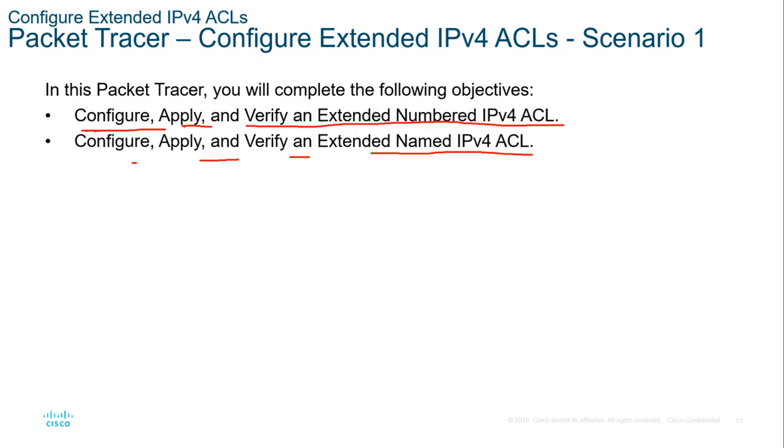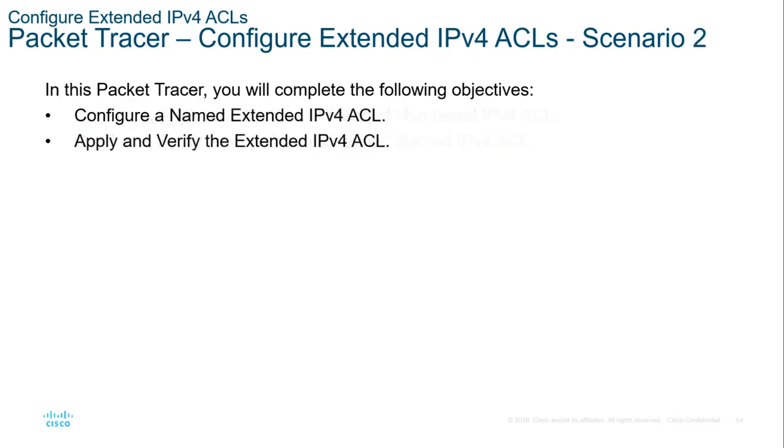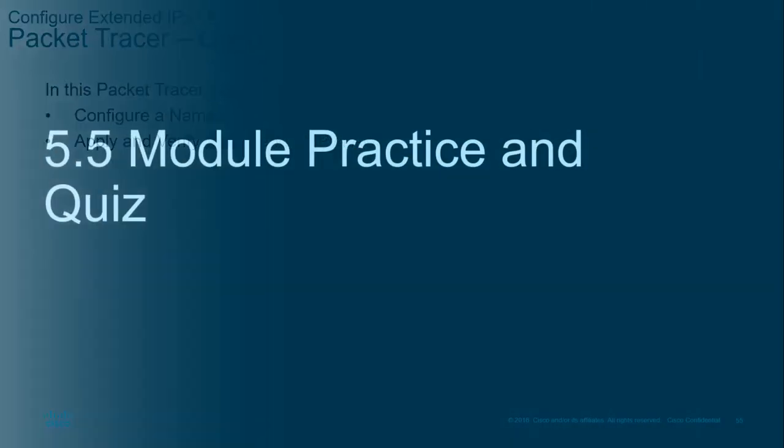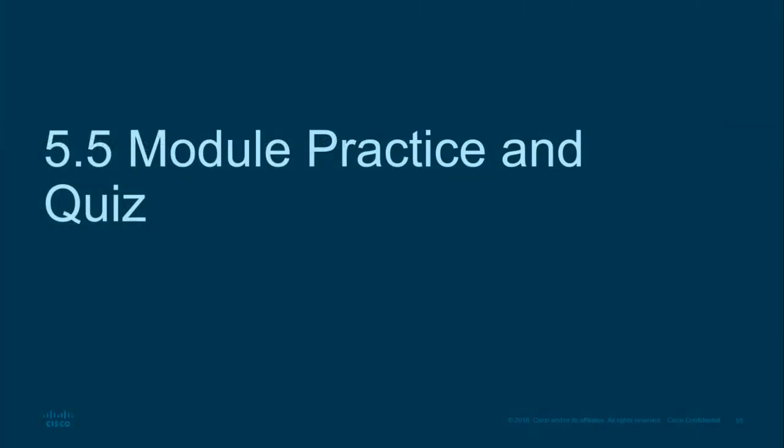Here we have extended numbered, then extended numbered, then extended named. Then you configure the named extended, apply and verify it. So that is the end of this session. Thank you.